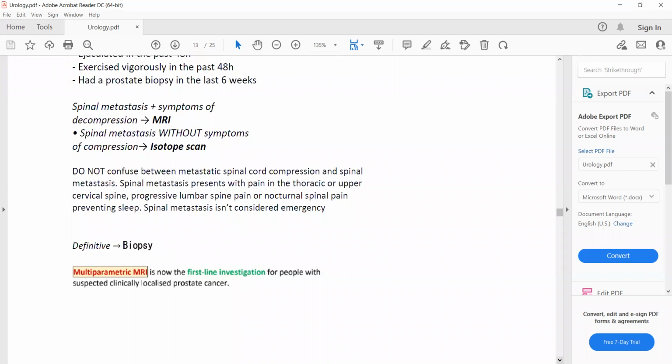Otherwise, if only bony metastasis, no signs of decompression or nerve involvement, then our investigation will be isotope scan. So spinal metastasis with signs of decompression or involvement of nerves, we'll do MRI. And if there is no involvement of nerve, then we'll do an isotope scan.